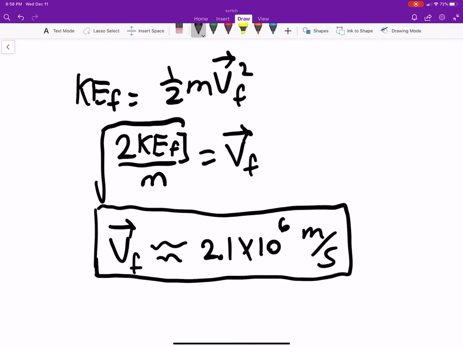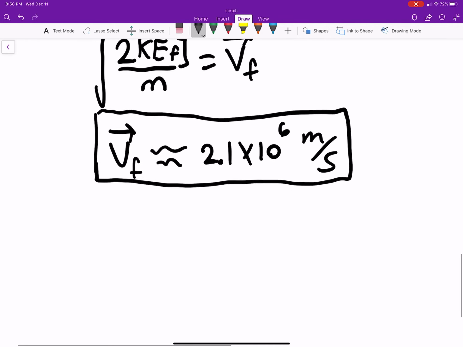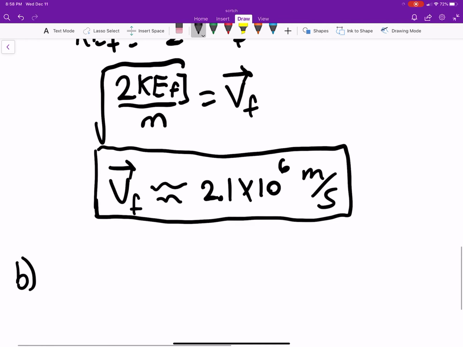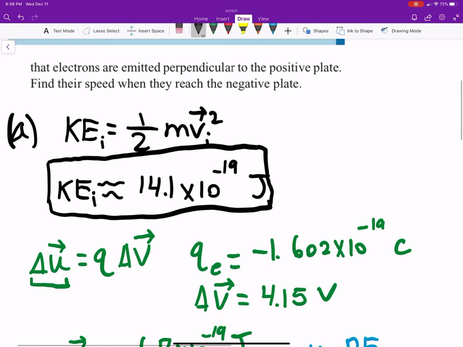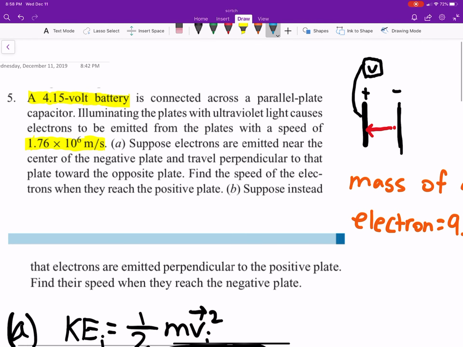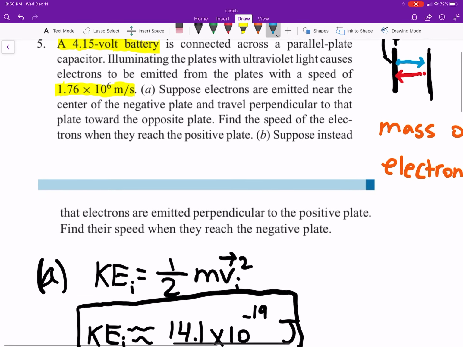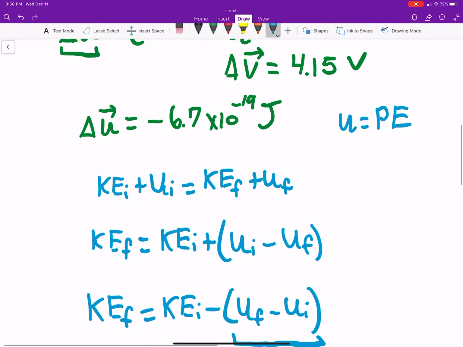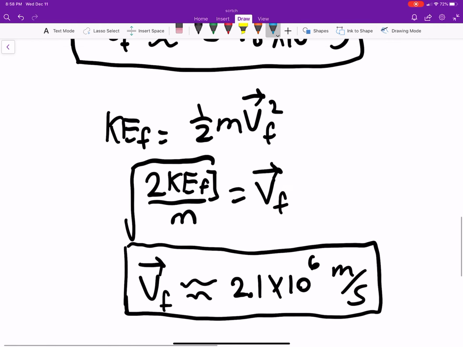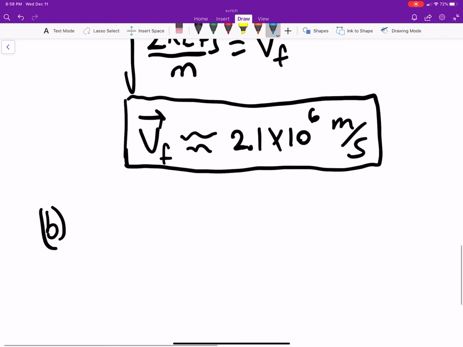Now, let's say we went for part B. Let's say instead of doing that, we did something like this. It's basically what part B is saying. You're going from the positive and moving perpendicular to the negative plate. Well, we can follow pretty similar. Basically, it's the same idea here.